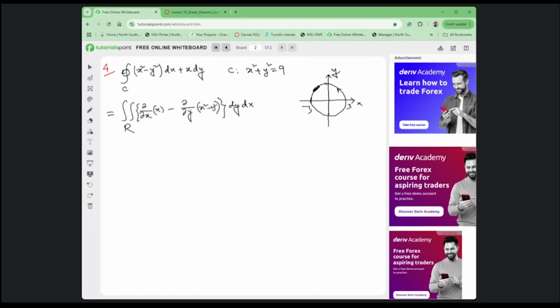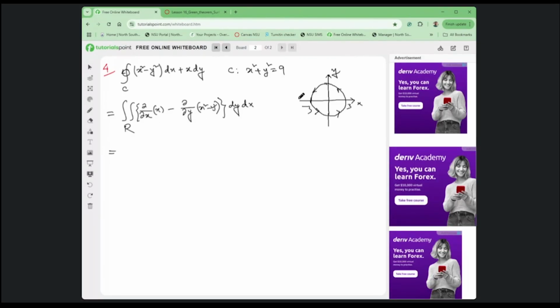And we are moving along the circle in a counterclockwise direction. Therefore, this is 1 plus 2y, right? dy dx.